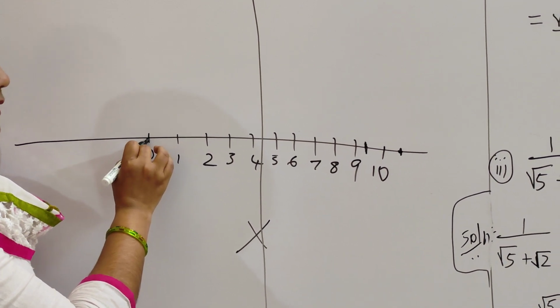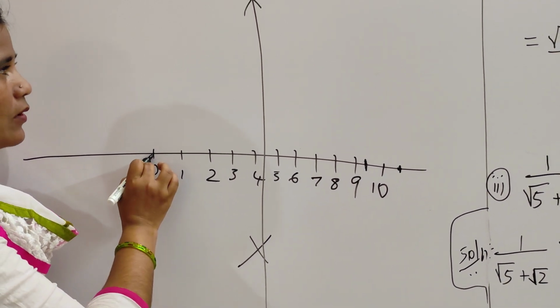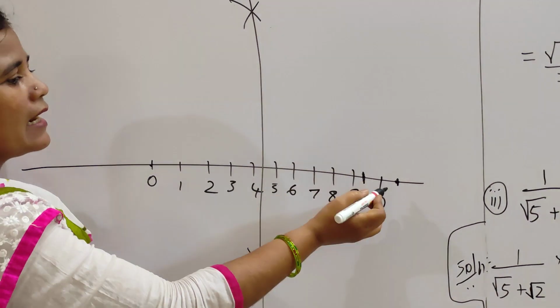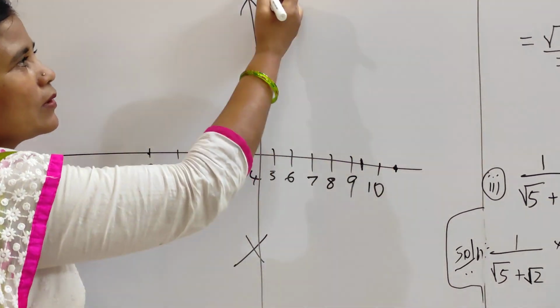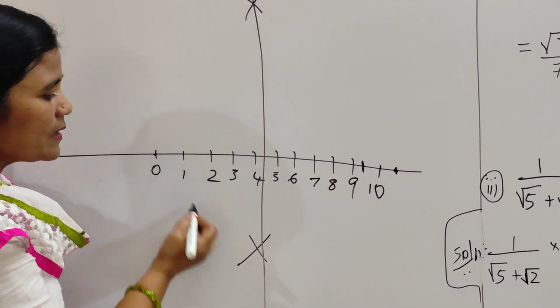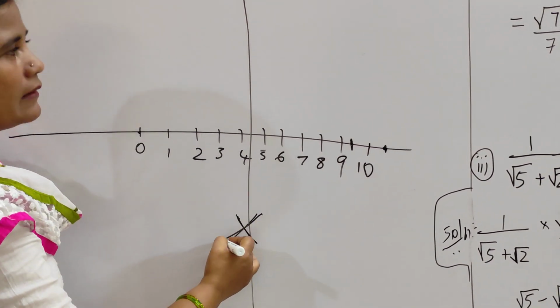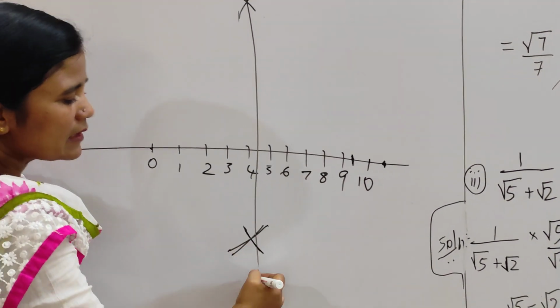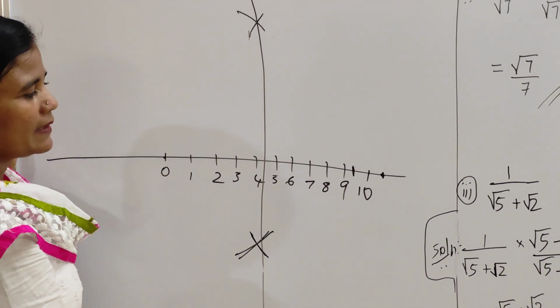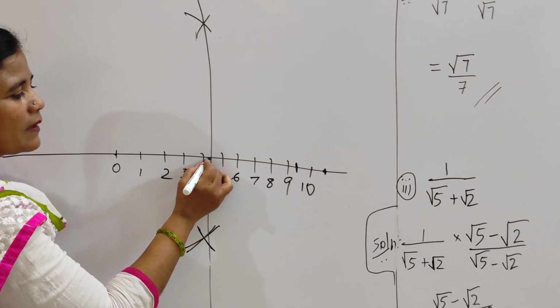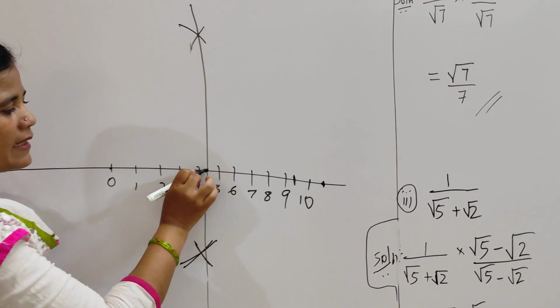So from point 0 you need to cut an arc, and from point 10.3 you need to cut an arc. Similarly, from 0, one arc below, and from 10.3, one arc here. And then you just draw a perpendicular bisector. Why we are drawing this perpendicular bisector is to find the center.